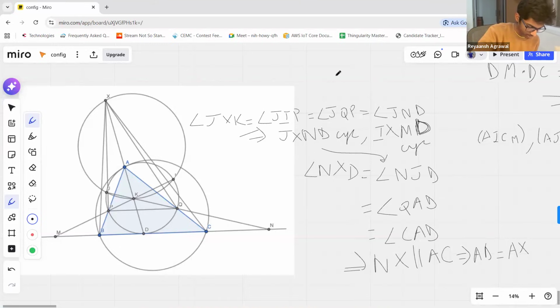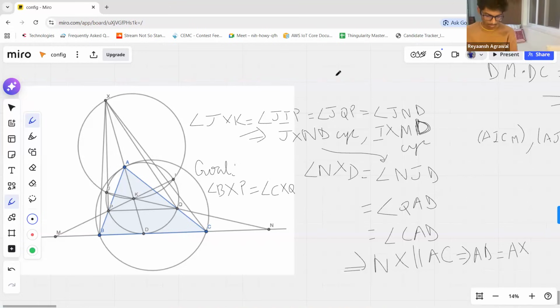I'll just write it out somewhere. Okay, this is our goal. And we have that A is the midpoint of XD. Now what do we do?